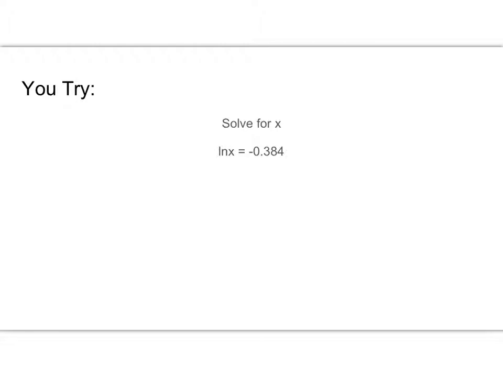All right, so again, I need to give both sides an exponential base of e. That means that x is equal to e to the negative 0.384. So this would be an exact answer, and then depending on the situation, you might want a decimal.